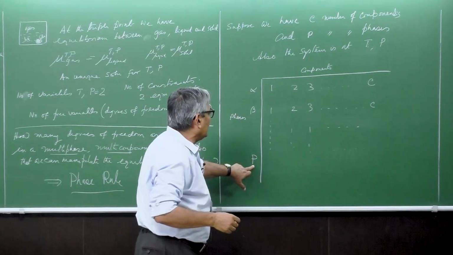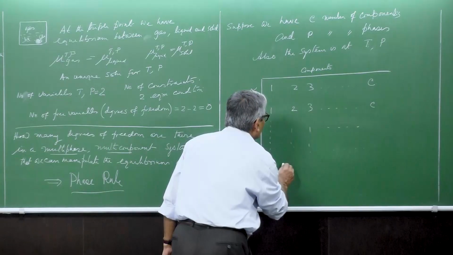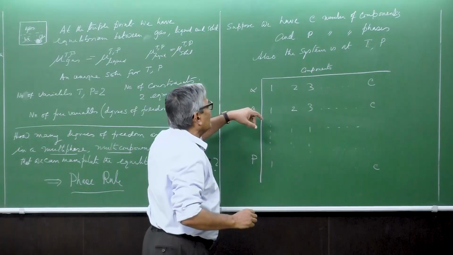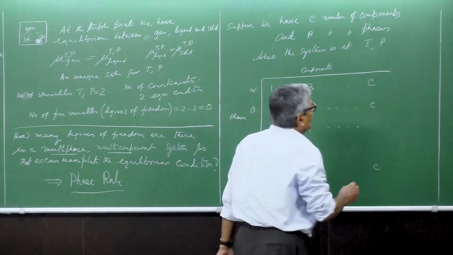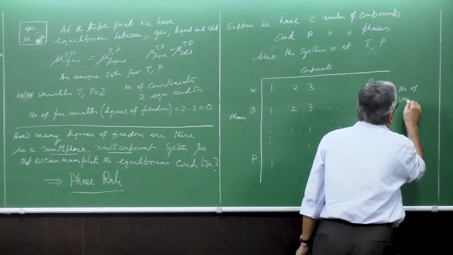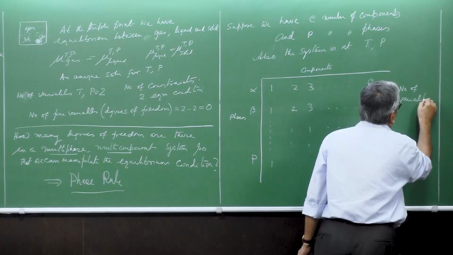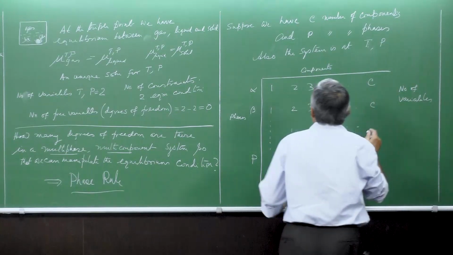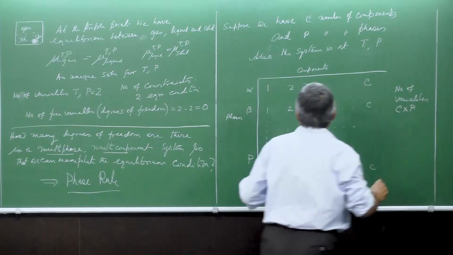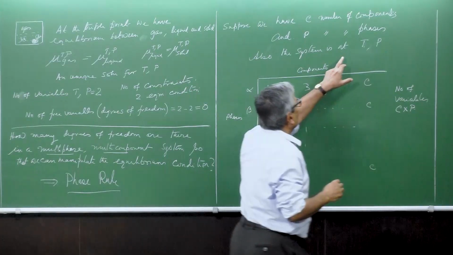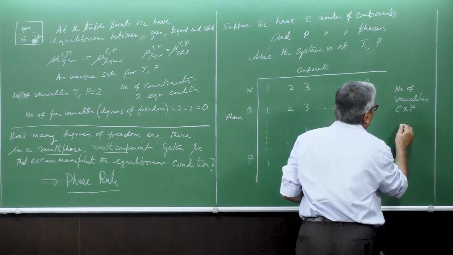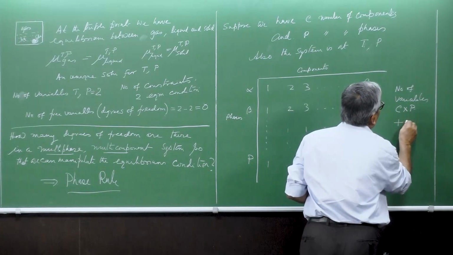So how many such variables are there? The number of variables is C into P, and if we include temperature and pressure, plus 2.